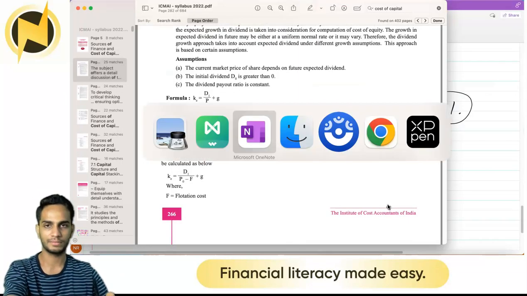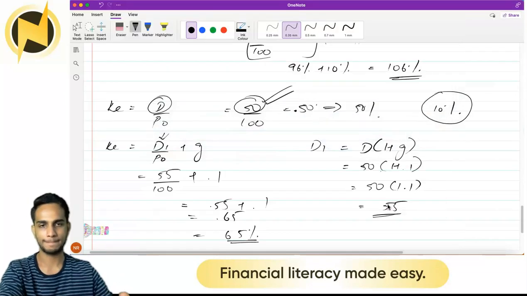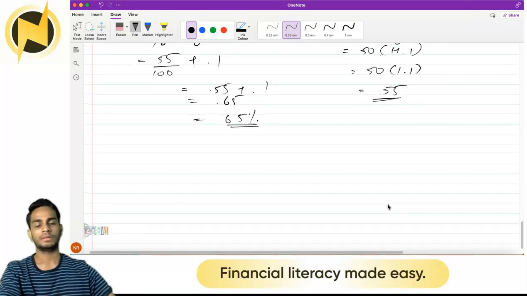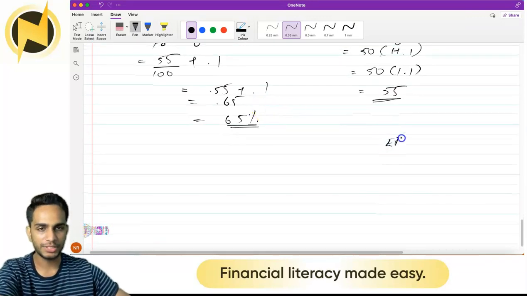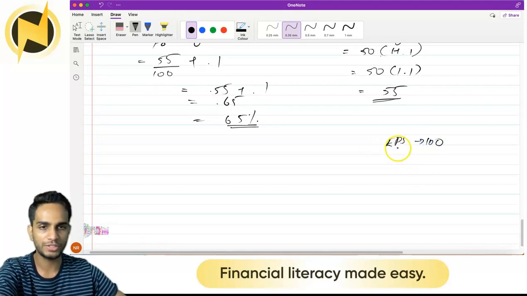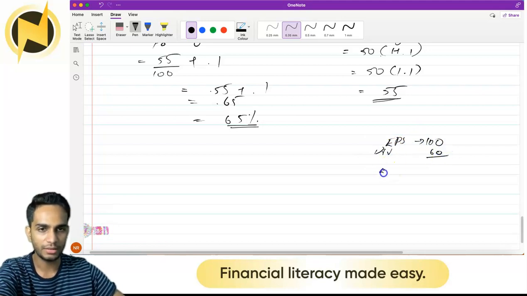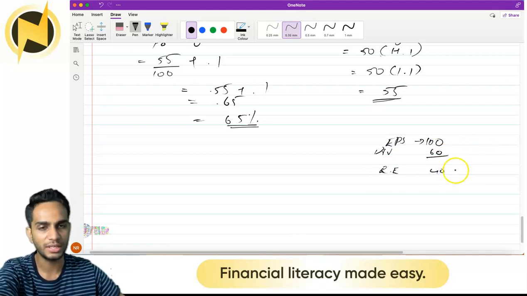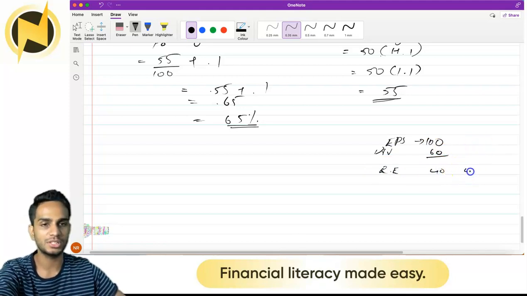Say the company has a total earning per share of 100, out of which they give a dividend of 60. So their retained earnings is 40. So it's fair to say their retained earnings as a percentage is 40%.